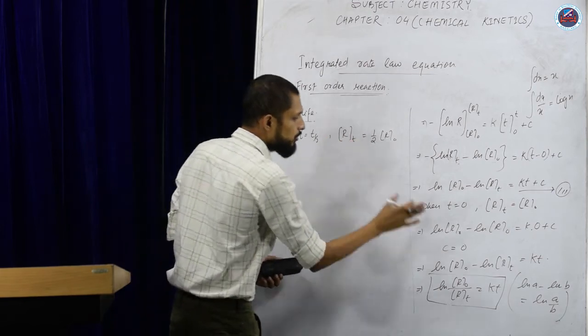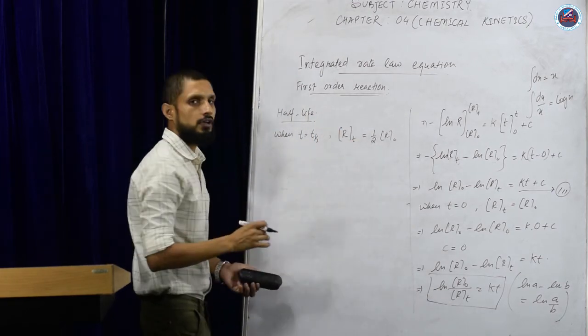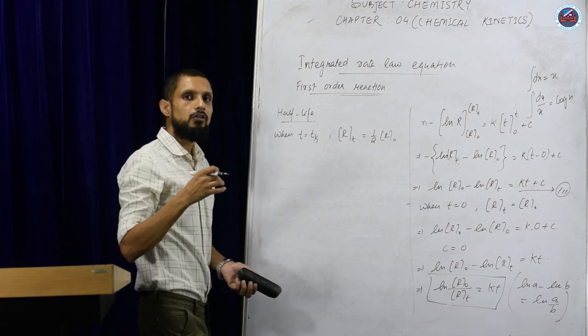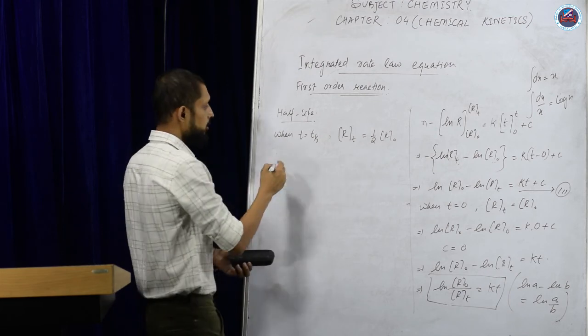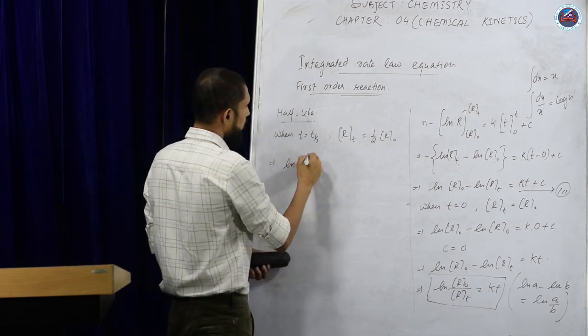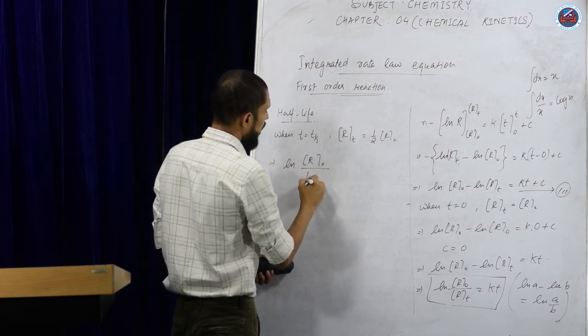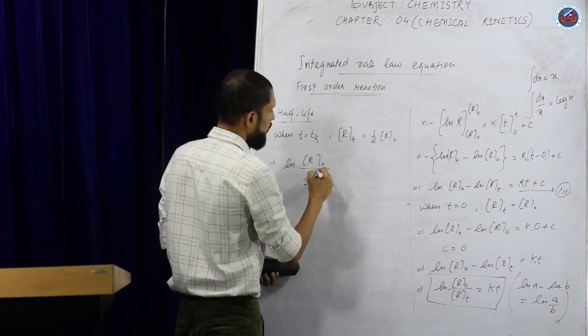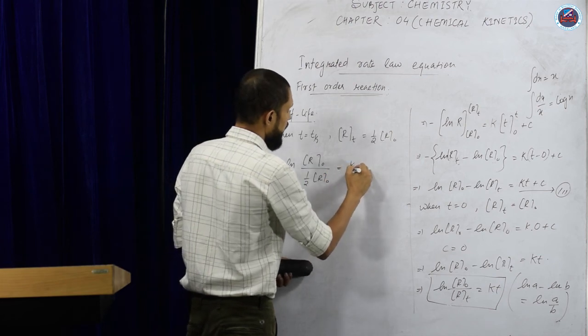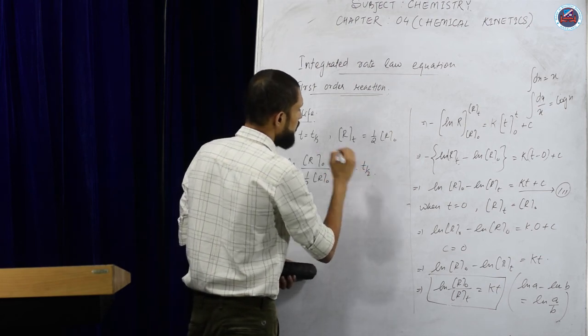If we substitute this in the final equation, that is the rate law equation for first order, you'll get ln of R0 by half of R0 is equal to K multiplied by t half.